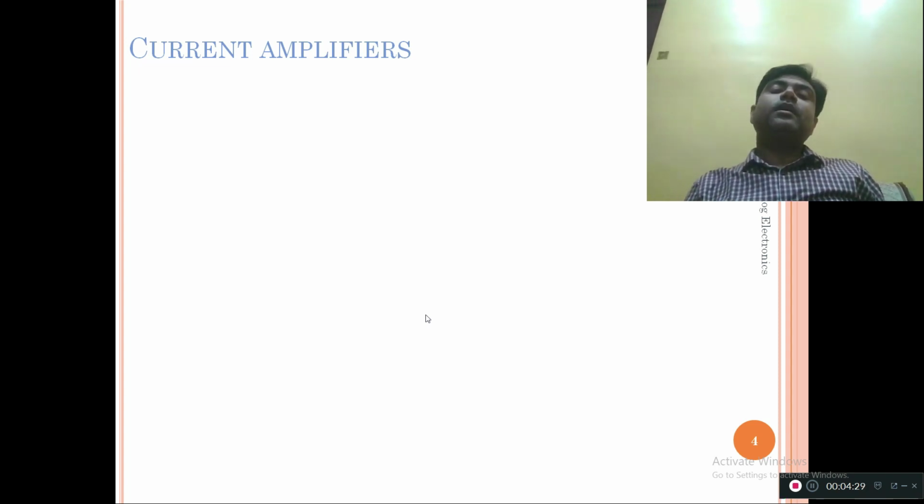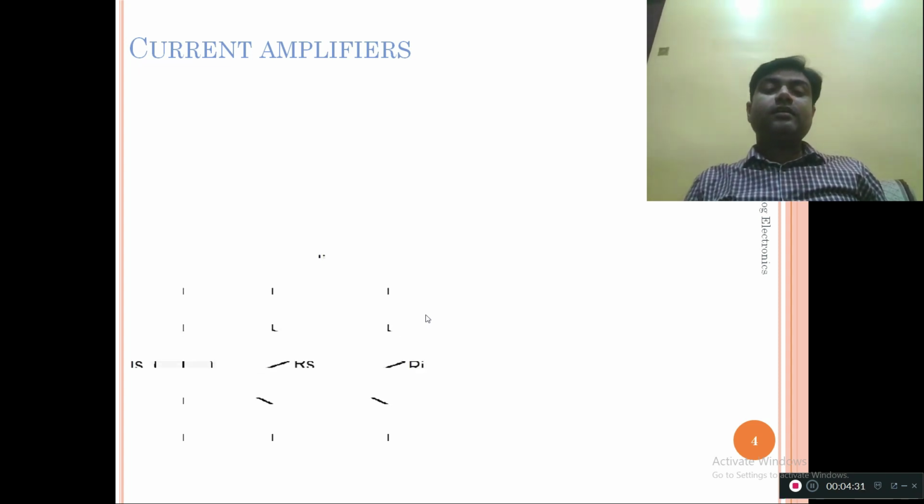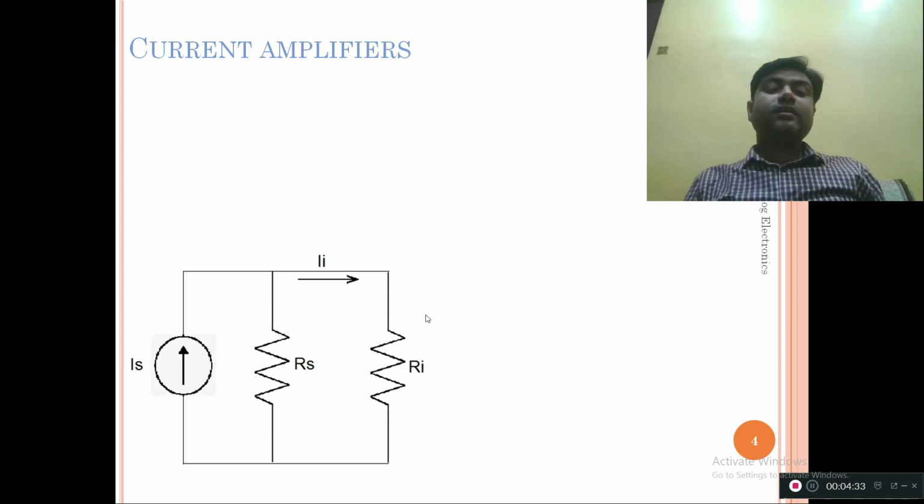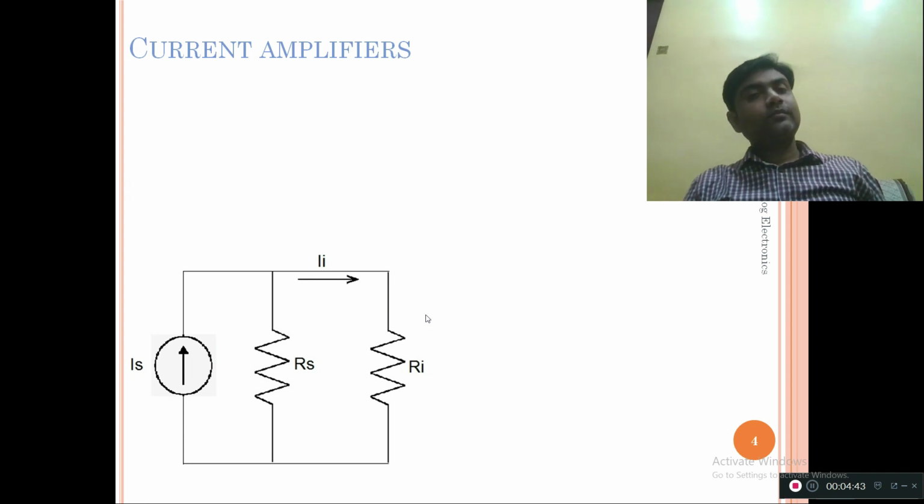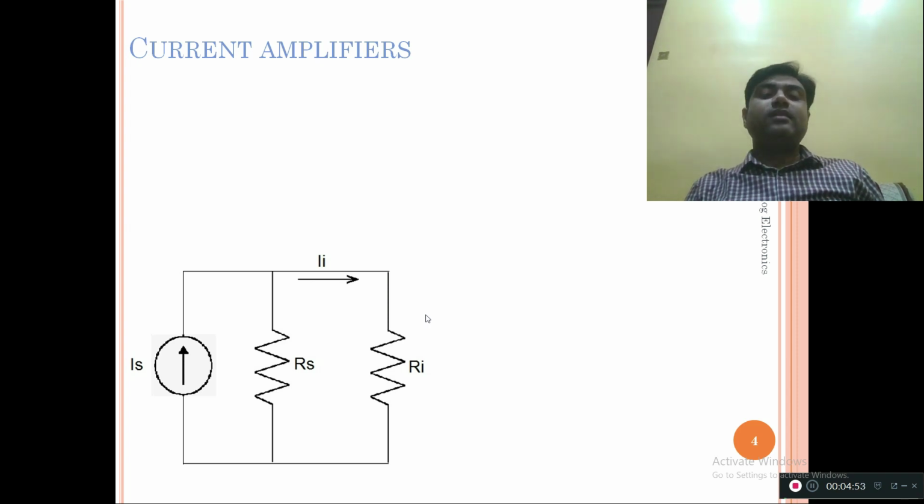It will become a Norton kind of circuit, where there is a current source Is feeding the two resistors Rs and Ri. Now we want the input current Ii to come across Ri. As we know, current will flow only in the path where there is the least resistance.